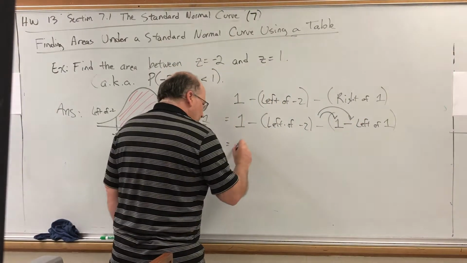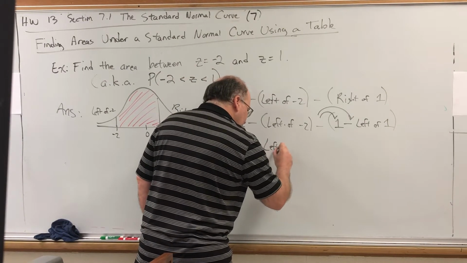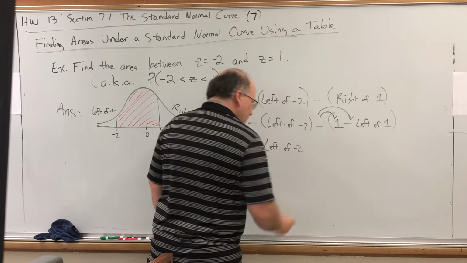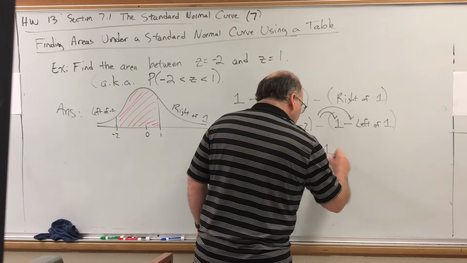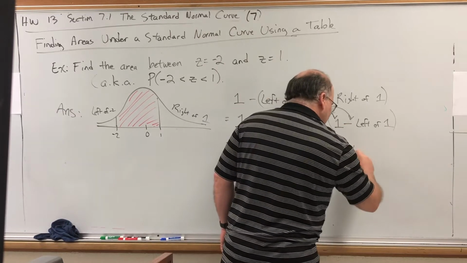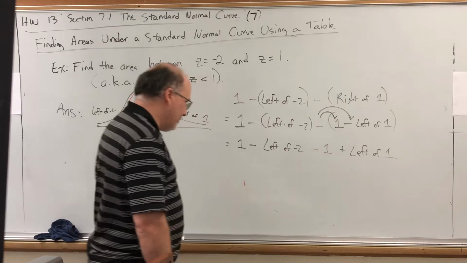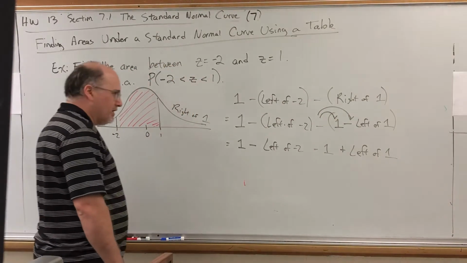So now the problem becomes 1 minus the area left of -2, minus 1. But this minus distributes to that minus and makes it a plus, left of 1. And from an algebra perspective, I can combine a couple of like terms.